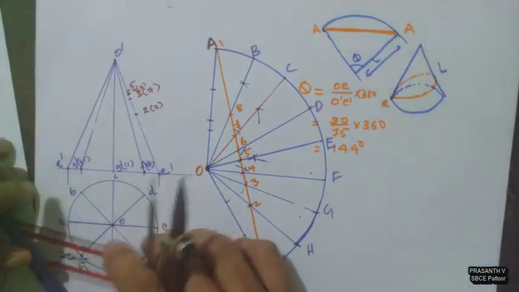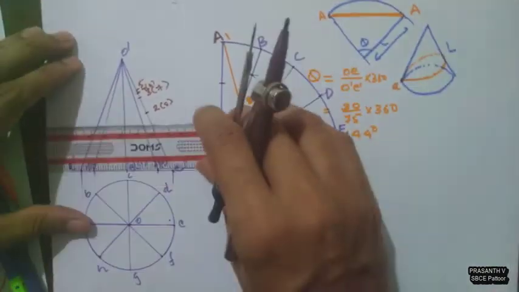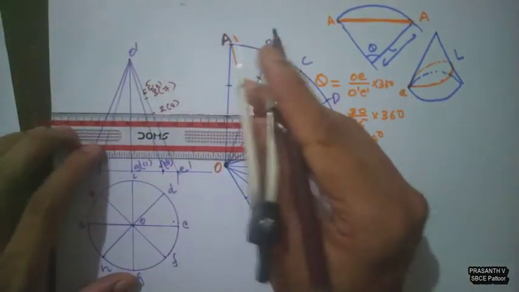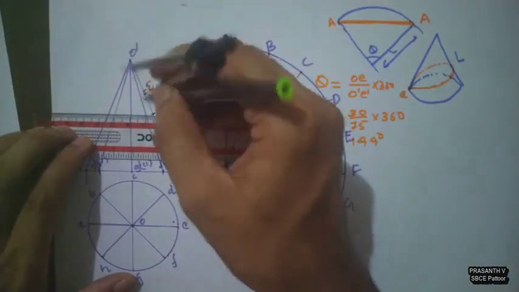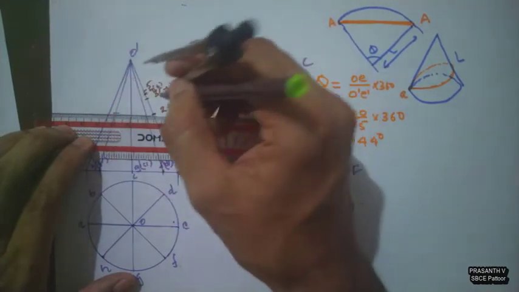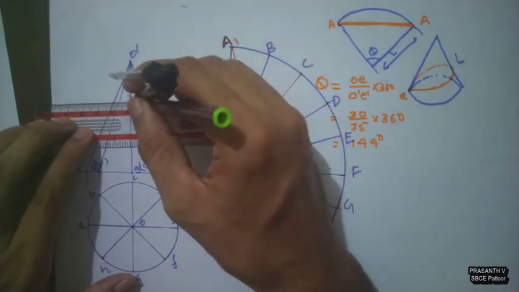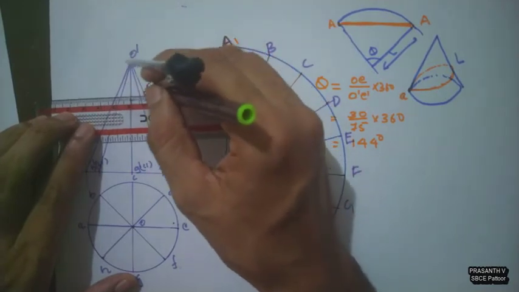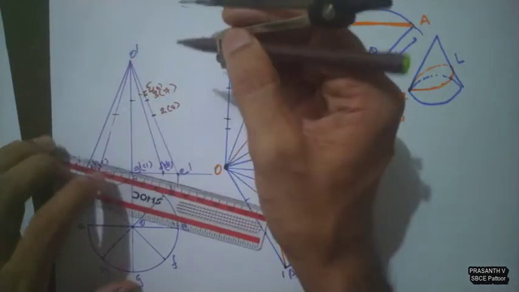Now you just transfer all these points to the corresponding line. You know, 2, 8 will be here, 3, 7 here, 4, 6 here, 5 is here at this point.